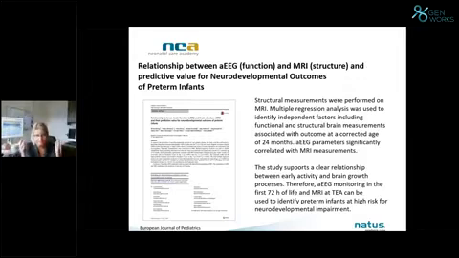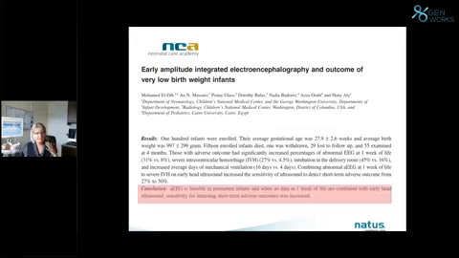So again, they stated that AEEG monitoring in the first 72 hours of life and obviously an MRI for looking at the structure can be used to identify preterm infants who are going to be at high risk for neurodevelopmental impairment.